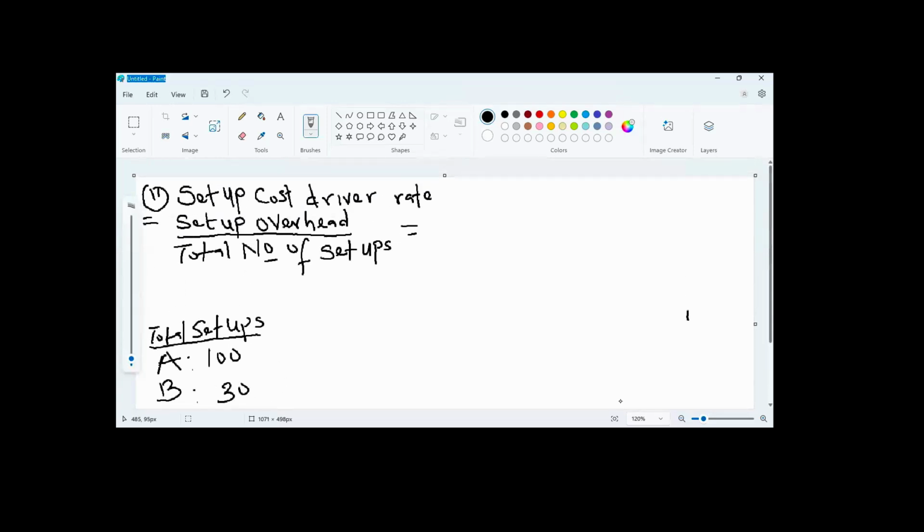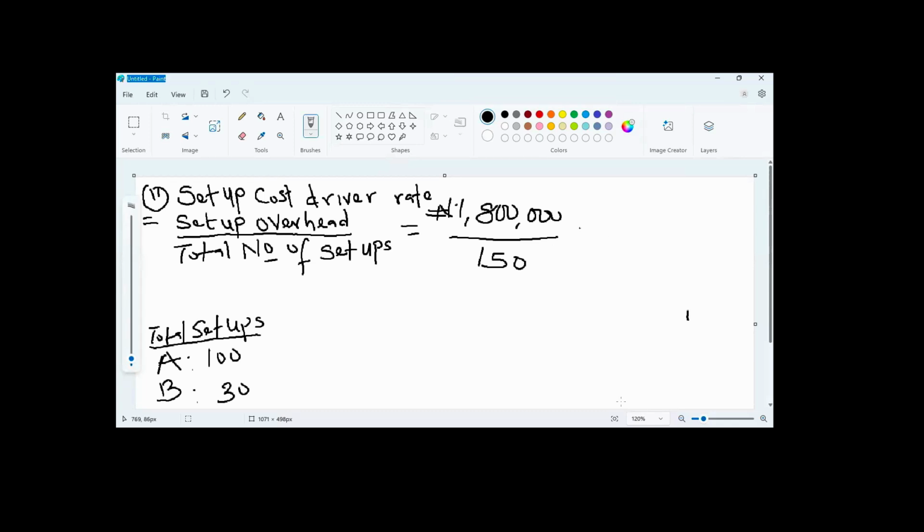I'll now come here. Setup overhead, 1.8 million. 1.8 million divided by total number of setups, 150. Please divide. What do you have?